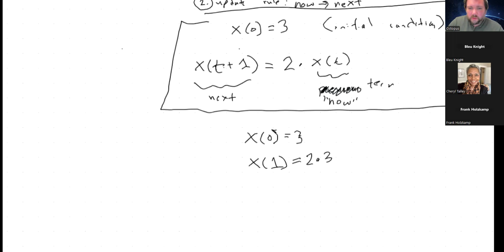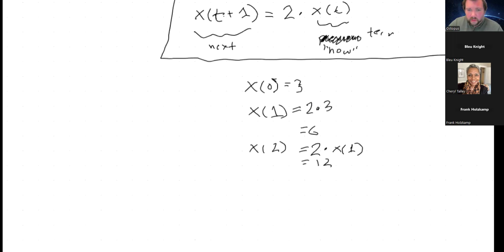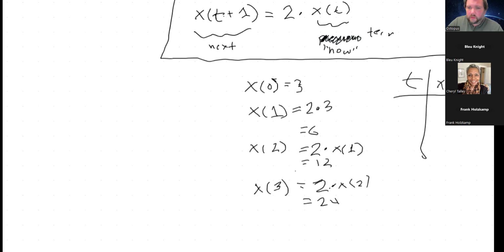My x of 2 will be 2 times whatever my now term is, so 2 times x of 1, which is 12. And then my x value at time 3 will be taking the value at time 2 and multiplying it by 2. And I'll get 24. So this process generates a sequence of data that looks like this.